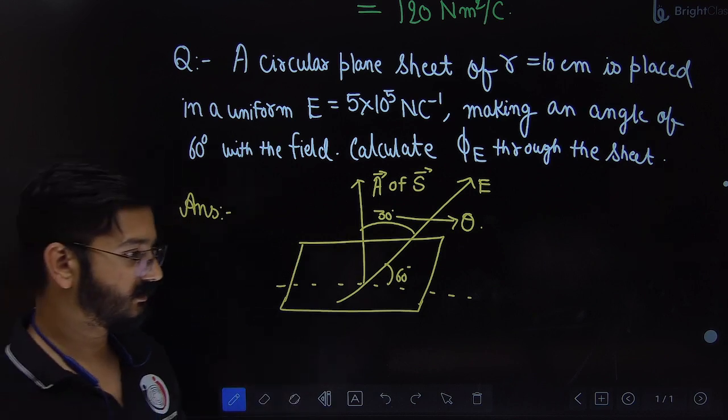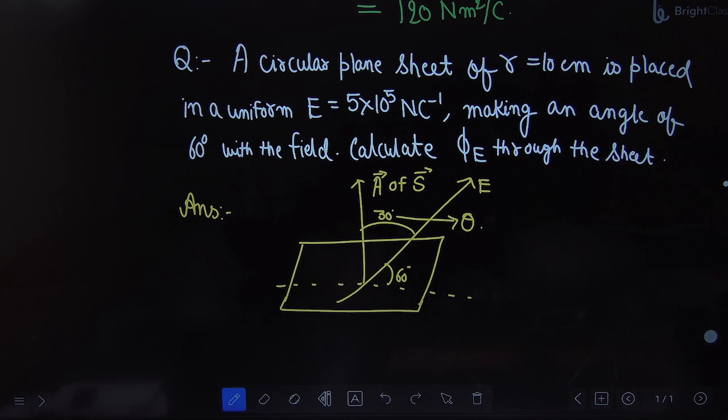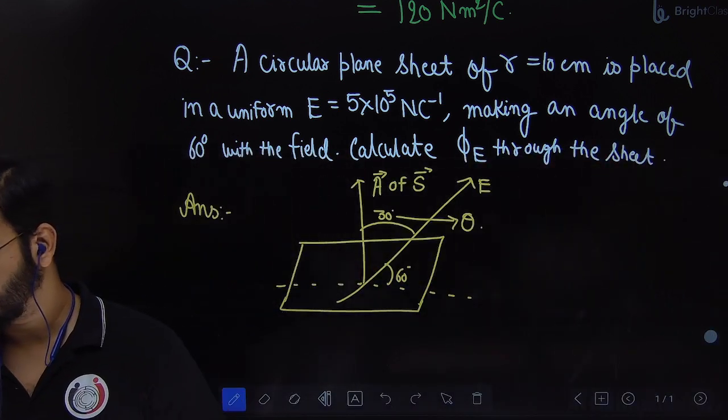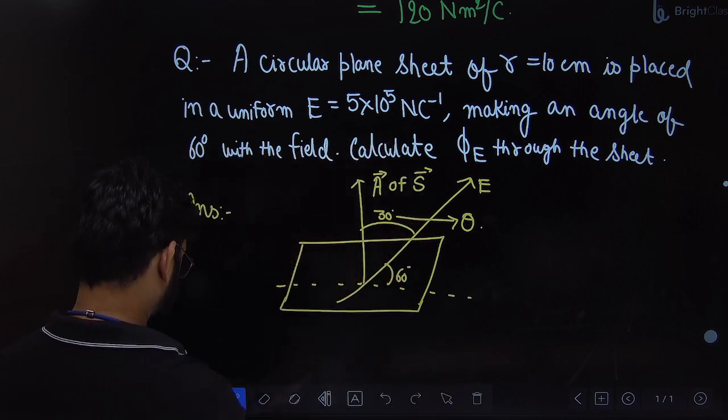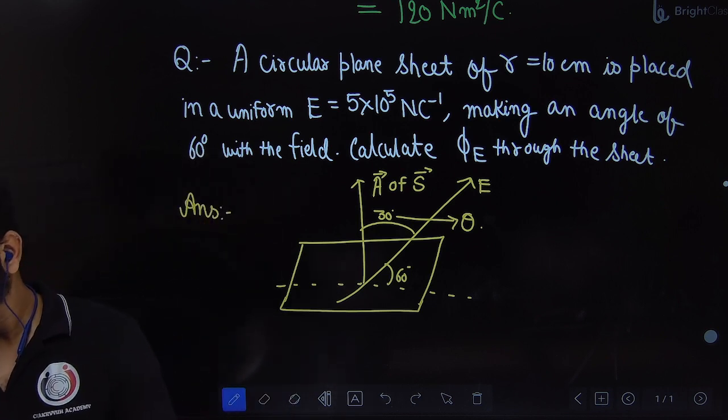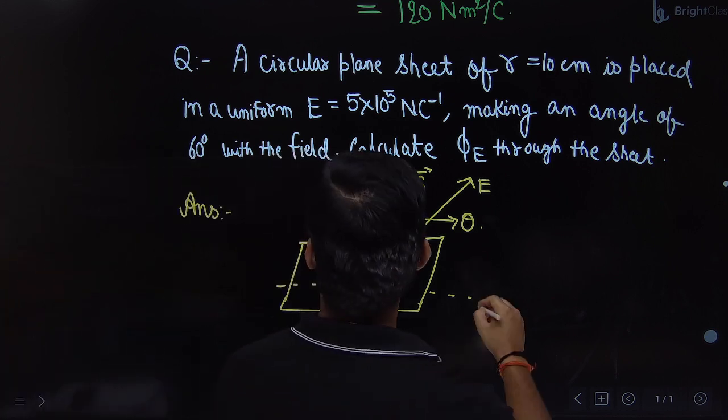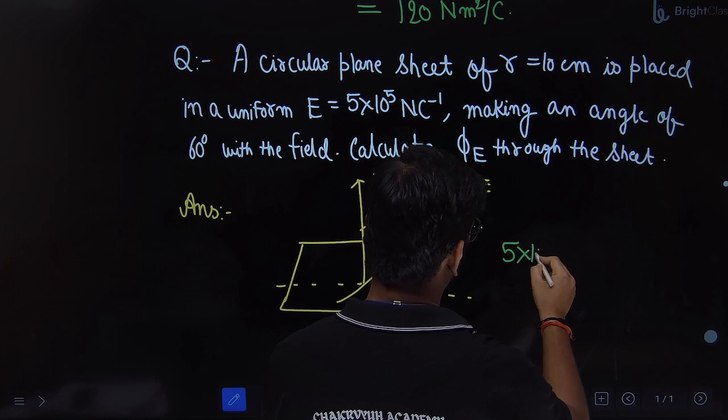Anyone getting the same answer? No? Tell me what happened. It's not coming same. 1.36 into 10 to the power 4. Electric field is 5 into 10 to the power 5.